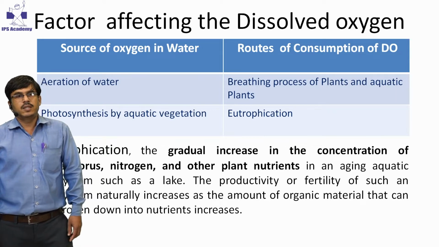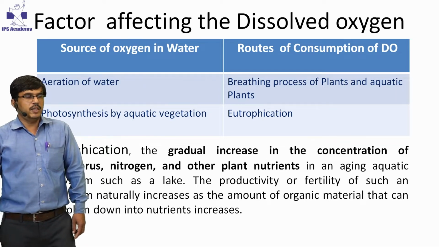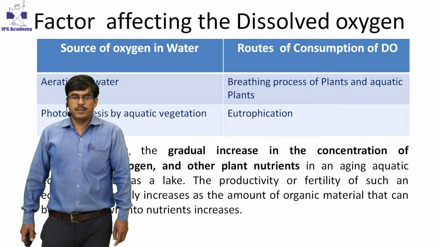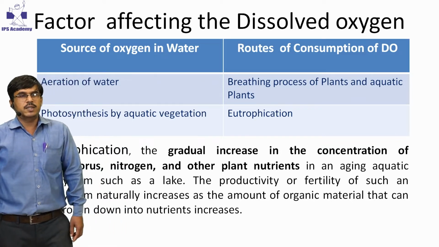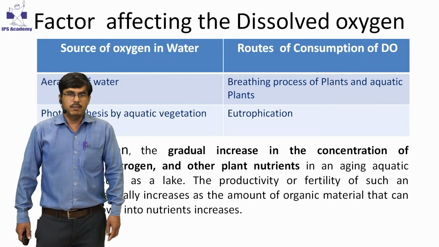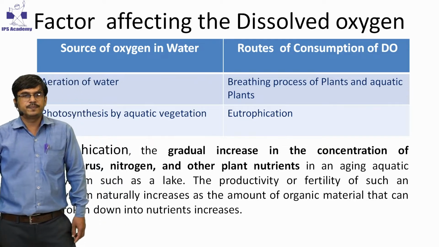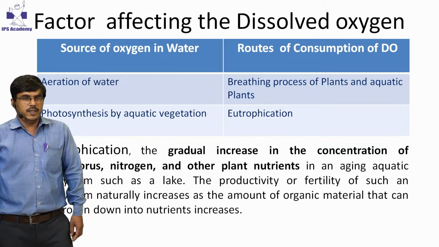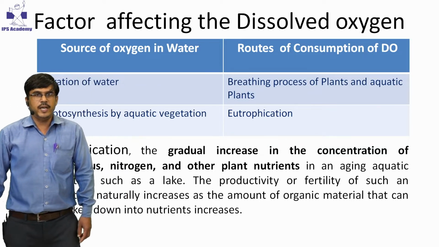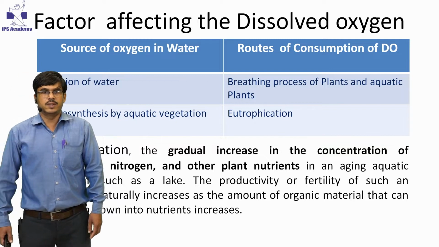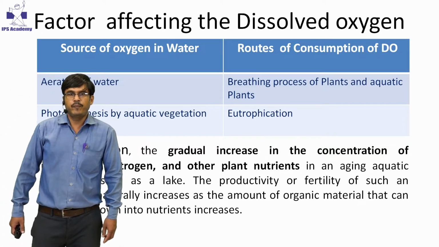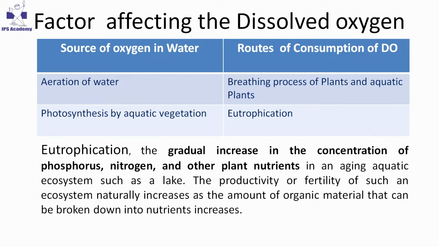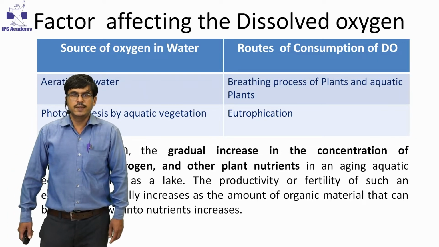As we know, when algae and other aquatic plants synthesize food by photosynthesis, they generate oxygen. This oxygen is dissolved in water and available as dissolved oxygen. The other factor that will decide the amount of dissolved oxygen in water is the consumption of dissolved oxygen.